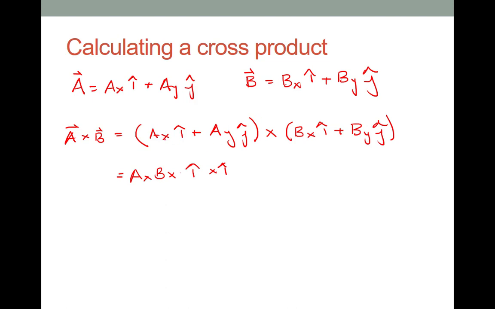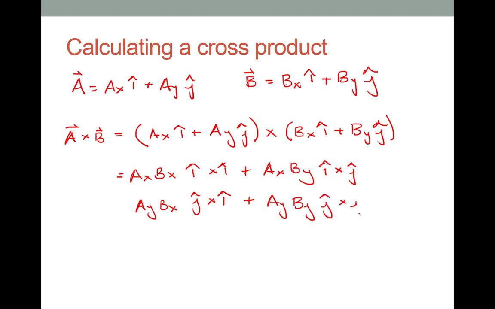The second term will be ax by, that one has an i hat cross j hat associated with it. Next term will be ay bx, and that is j hat cross i hat. And lastly, I have ay by j hat cross j hat.